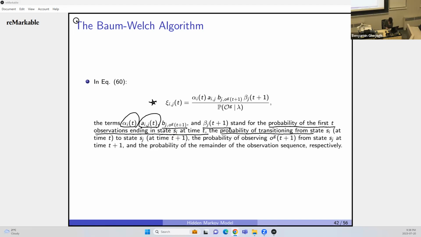Probability of transitioning from a state Si at time t to a state Sj at time t+1. What is bj(Og t+1)? It is the probability of observing Og t+1 from a state Sj at time t+1. What is beta j t+1? It is the probability of the remainder of the observation sequence. Remainder, right? Now I think you understand why we need two directions, forward and backward. Because we are in the middle of the sequence. Once we need to be before that, once we need to be after that for observation.